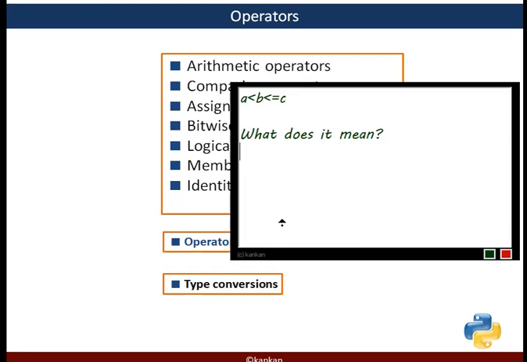Can you write it as an equivalent expression, or a combination of some expressions?